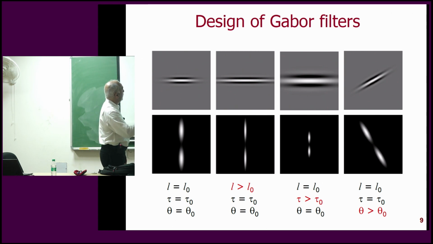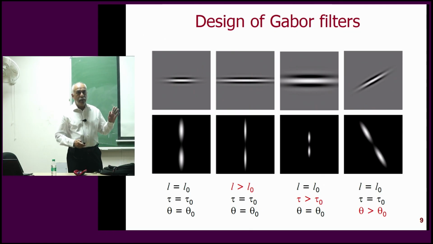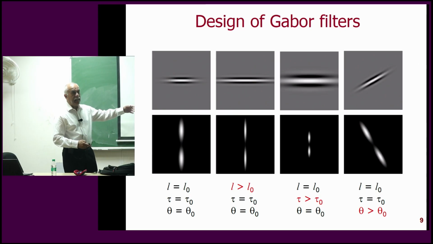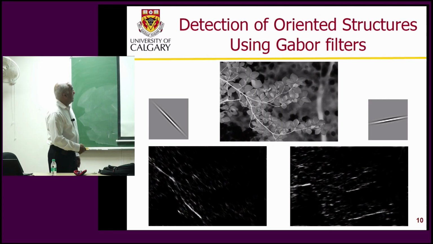Rotation. If you rotate that, this rotates. It's the same thing. So these are the design parameters, and by varying L, tau, theta, you get a bank of these filters, as many as you want, for multi-scale, multi-orientation filtering. So here's an example of some picture, and by using that Gabor filter, we get this output, which detects lines approximately here.